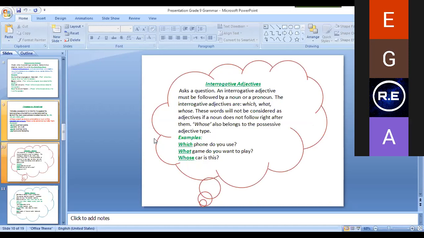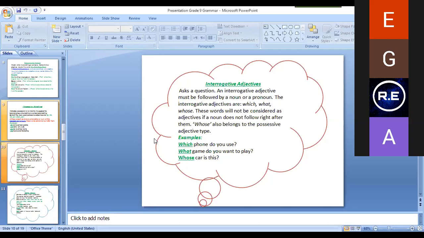One more, which is interrogative adjectives. Interrogative meaning what? Where did we hear this from? We heard it before. Type of sentence. Excellent. And what was the interrogative sentence, Rami? It asks a question. Yes. Do you agree with this, Galal? When did you go to school?